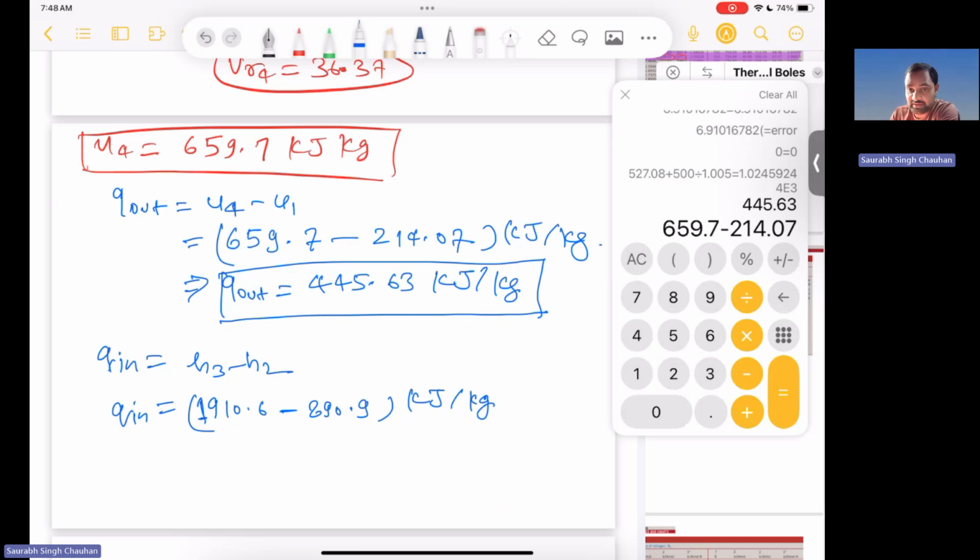Now you can calculate the thermal efficiency. 1 minus Q out by Qin.